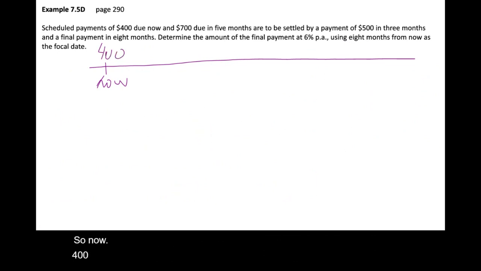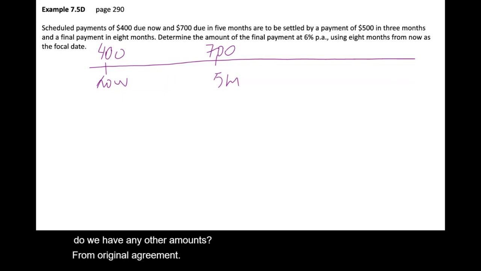So now 400. Okay. Then 5 months, 700. Do we have any other amounts from original agreement? Read question again. Okay, let's read it more carefully.